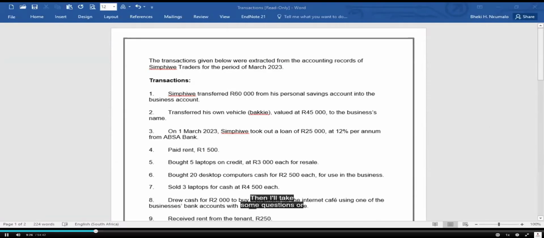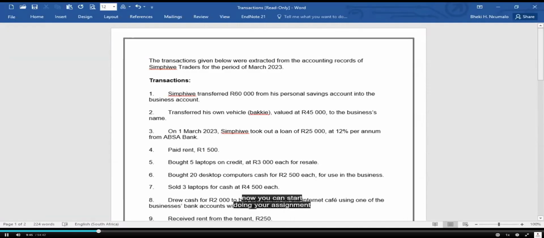If you couldn't finish this today, it's fine. We'll do it on Wednesday, and I'll move with you to ledger accounts, then we prepare a trial balance, because once you get there, you can start doing your assignment. The assignment is already out. Transactions are given and then you work them out. But I'm not taking any questions from the assignment. I'll do so on Wednesday.